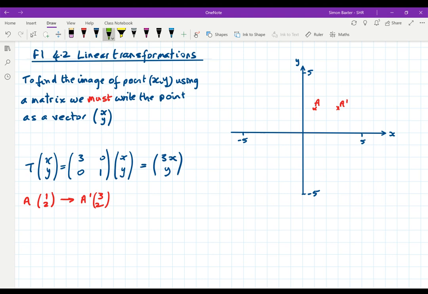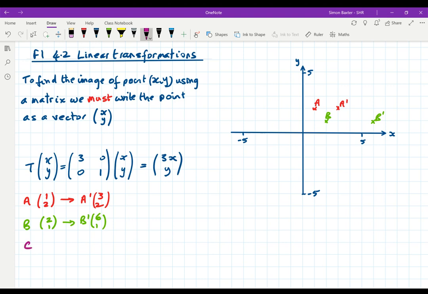Let's take another point. Suppose we take the point B at (2, 1). B dashed goes to 3x, 3 times 2 is 6, the y-coordinate stays the same. So B starts at (2, 1), and it's mapped onto (6, 1). Well, let's do one more point.